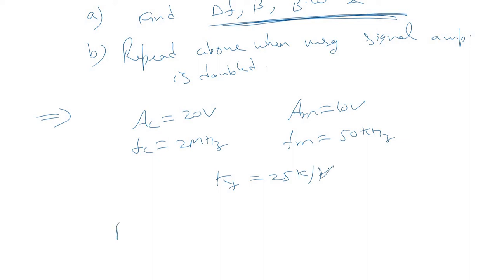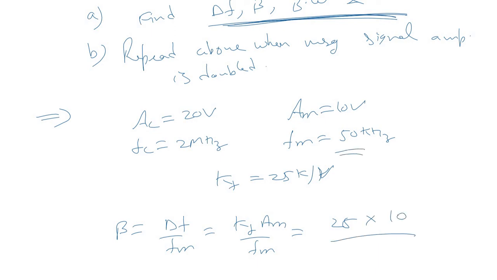First let us find out beta. Beta is equal to delta F by Fm, that is equal to Kf into Am by Fm. Kf is 25 into Am is 10 divided by Fm, which is 50 kilohertz. So it comes out to be 5.